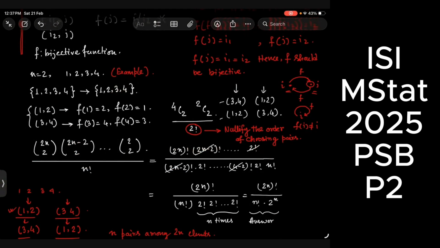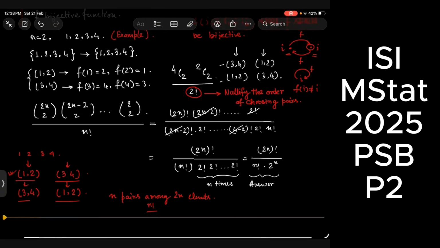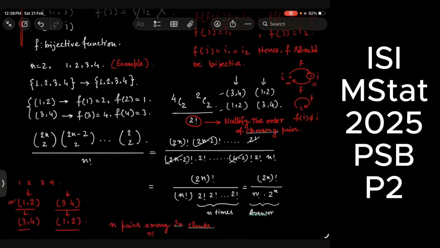So what is the value of 4C2? Can anyone tell me? It is 6. Can you tell me what can be the ways?